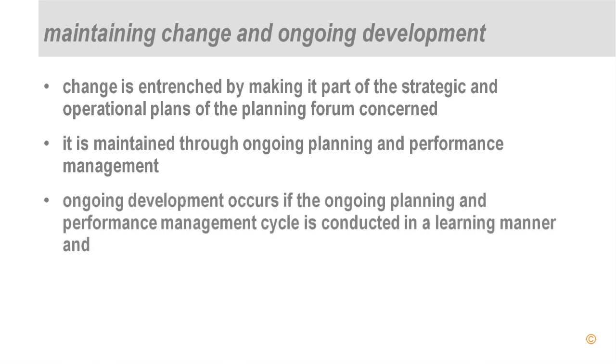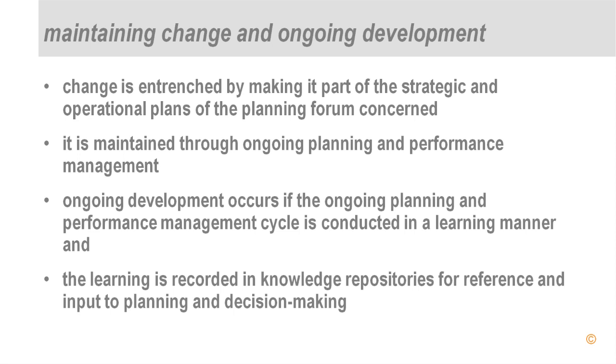Ongoing development occurs if the performance management cycle is conducted in a learning manner, and if the learning is recorded in knowledge repositories and is actually used as a reference and input to further planning and future decision making.